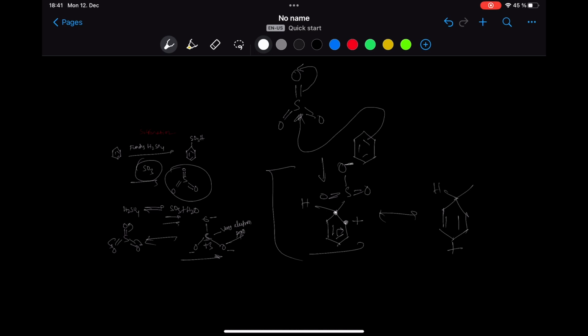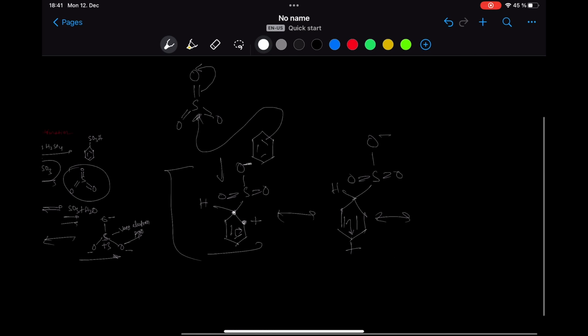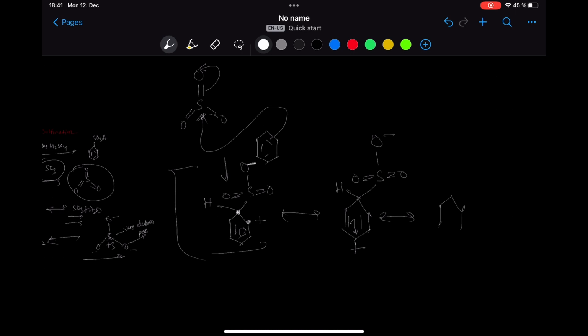We have a hydrogen here, and we're connected to this sulfur trioxide with a negative charge on one of the oxygen atoms. And the next one would be this double bond will try to move here. I mean, the electrons from this double bond will try to move there to compensate the positive charge, and we'll have a positive charge here, and we have a double bond here, double bond here. There is a hydrogen here, and we're connected to our sulfur trioxide. And this is called sigma complex. Right. So this is our first step. We form an intermediate, right?